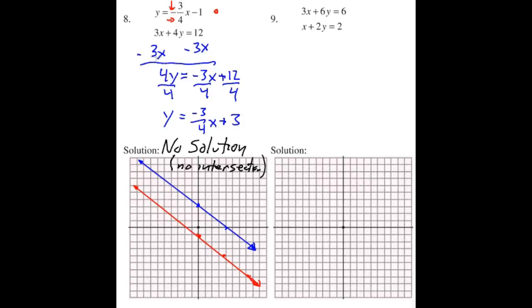Okay, let's try a few more. These ones we have to solve all the way for, so let me solve this one first. 3x plus 6y equals 6. Let's subtract 3x. And then I'm going to divide by 6.